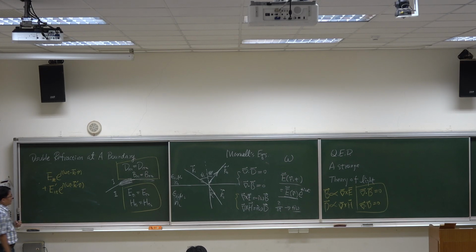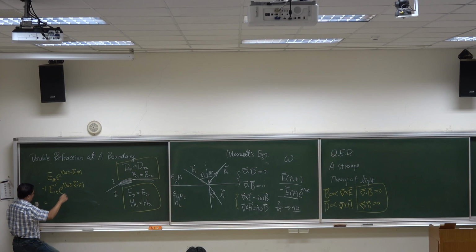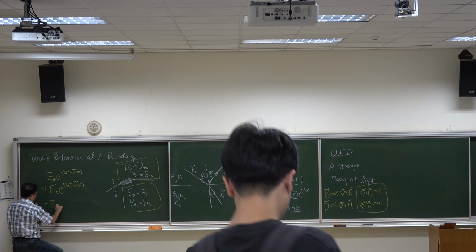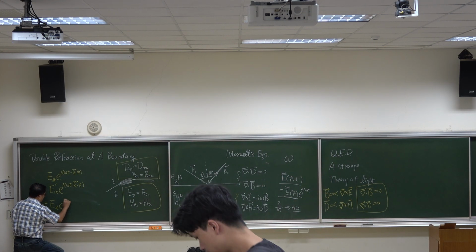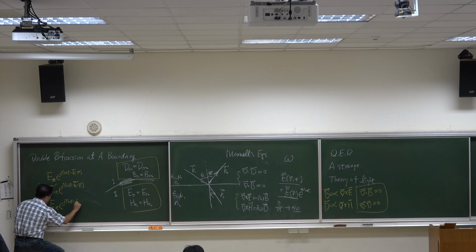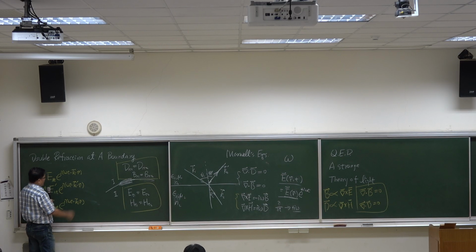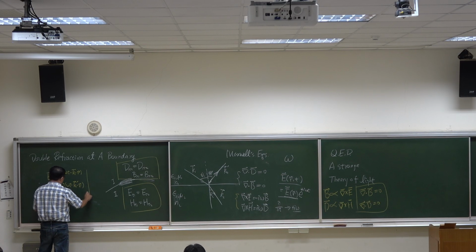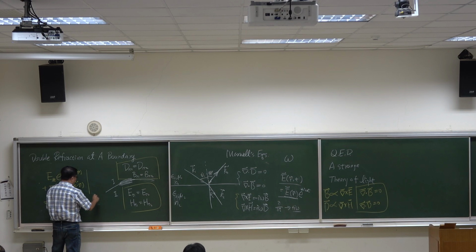And in the medium 2 side, we have E2t times exponential i(omega t minus K2 dot R). All the quantities are evaluated on the surface.